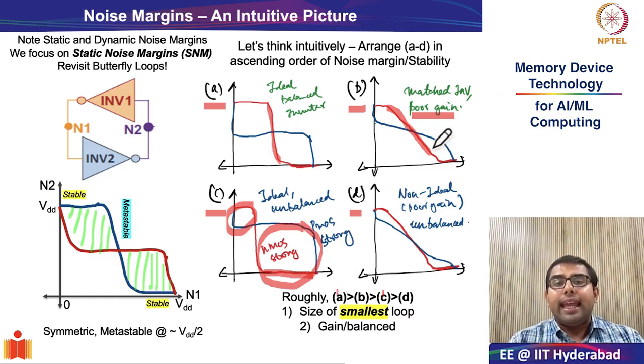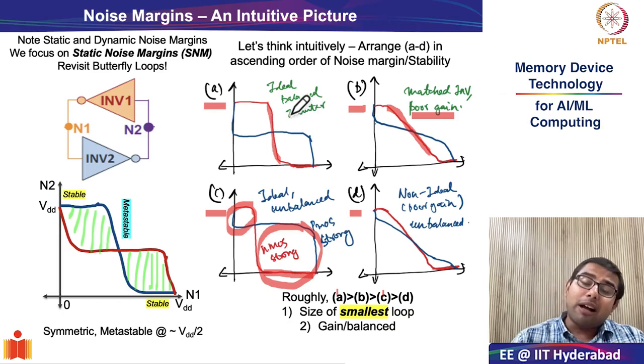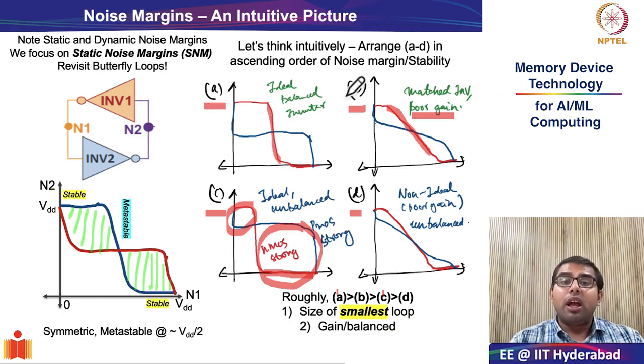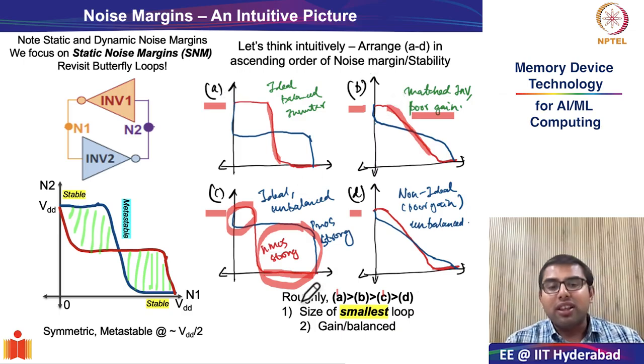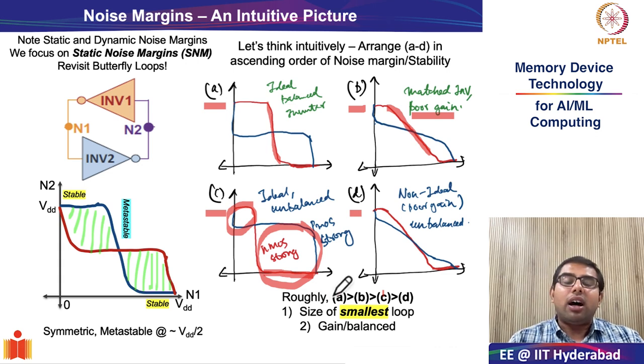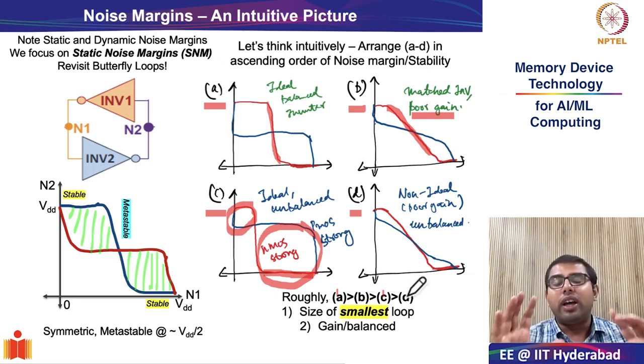And of course, if we compare figures A and B, because we have a poor gain and a poor transition, the size of the hysteretic loop, or the area under the curve, in figure B is smaller than A. Therefore we come up with roughly the descending order of noise margin as A greater than B greater than C greater than D. The important observation is that the size of the smallest loop makes all the difference.